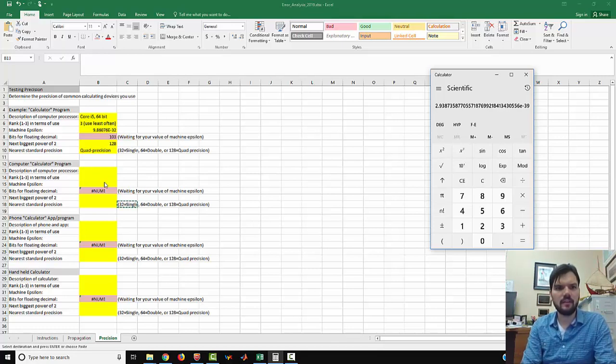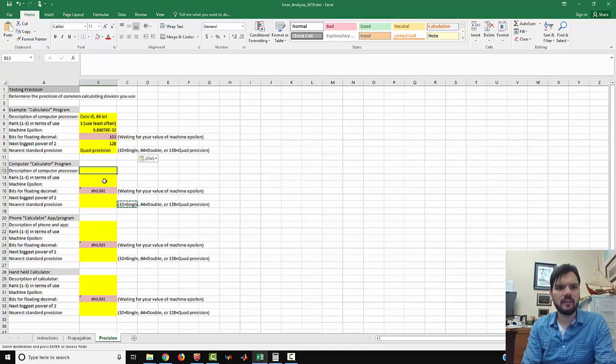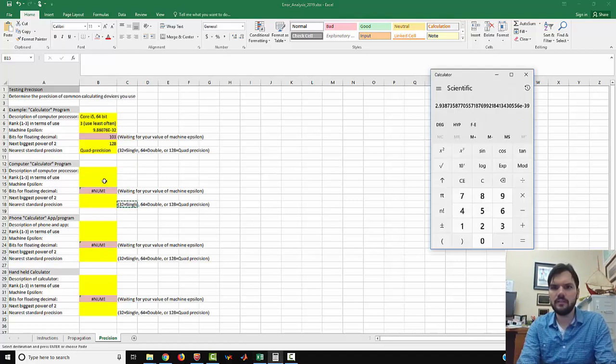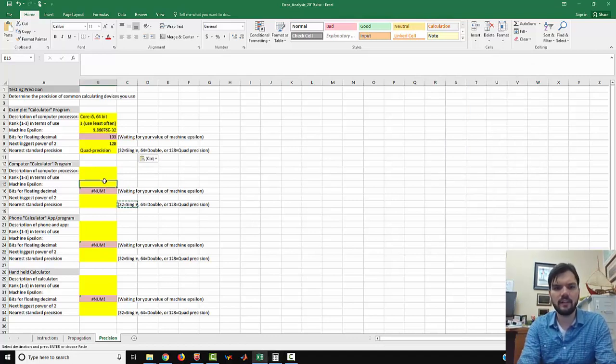That's a power of 2. It matches up. And I'm going to type in my answer of 2.939 times 10 to the negative 39th. I don't need the negative in there. It should take the absolute value.